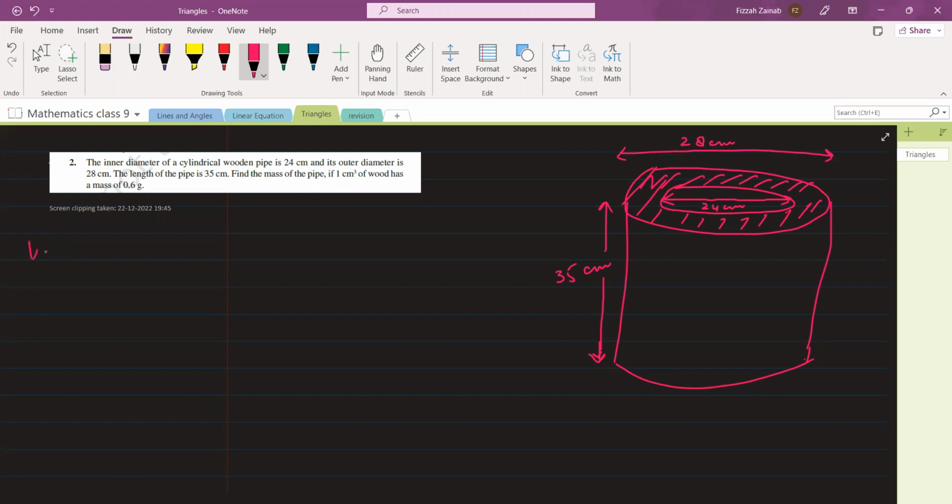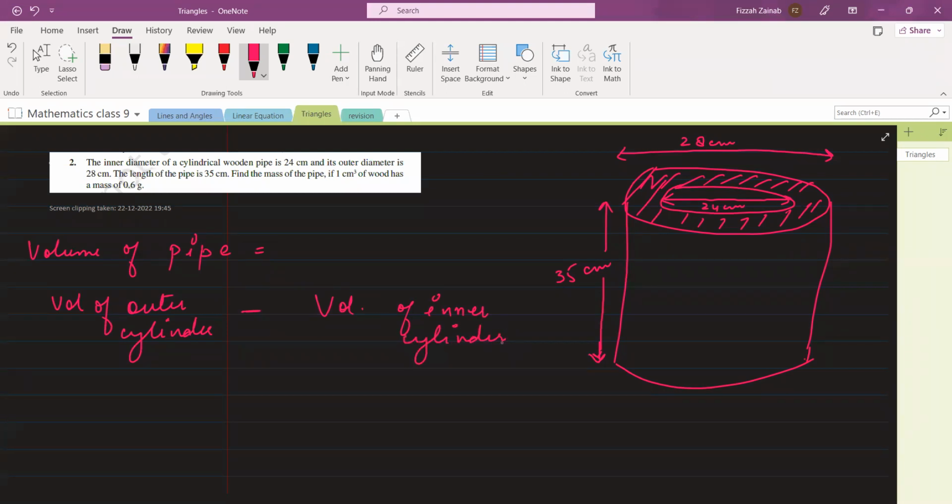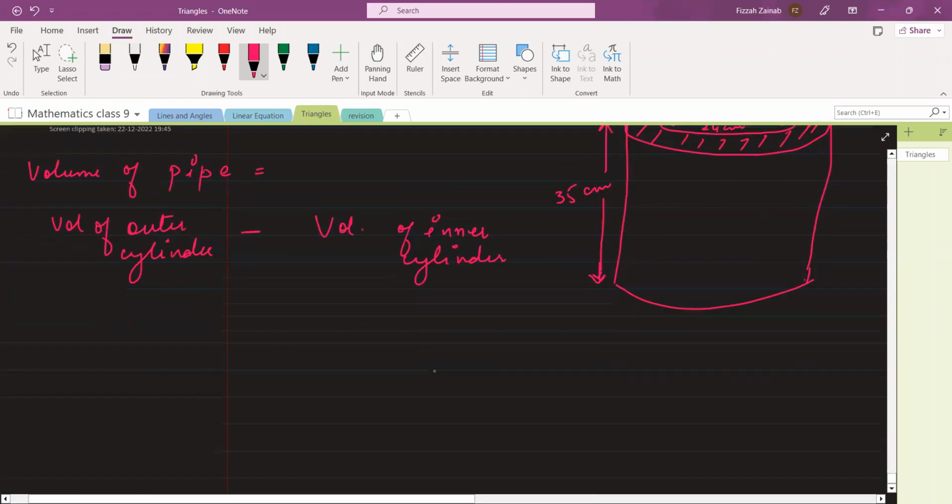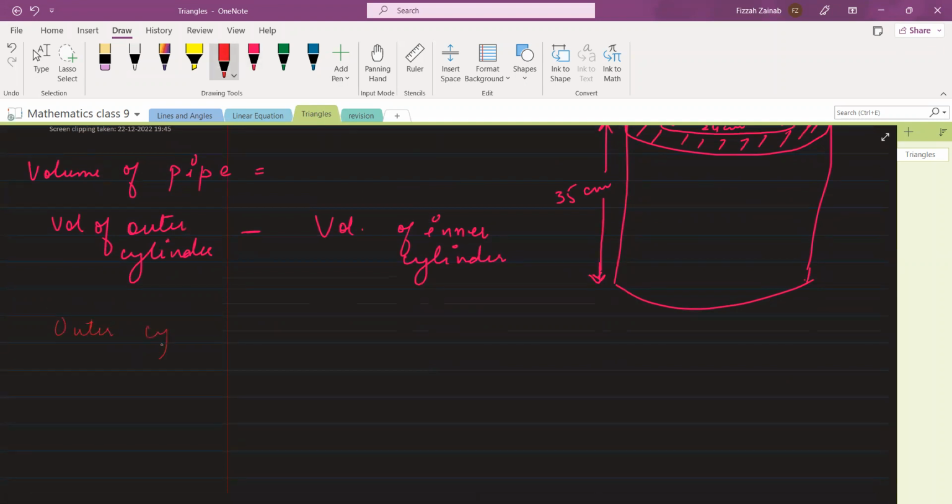Clear? So volume of pipe, first of all, it will be volume of outer cylinder minus volume of inner cylinder. Is that okay? Okay. So one by one you can write first of all for your outer cylinder.